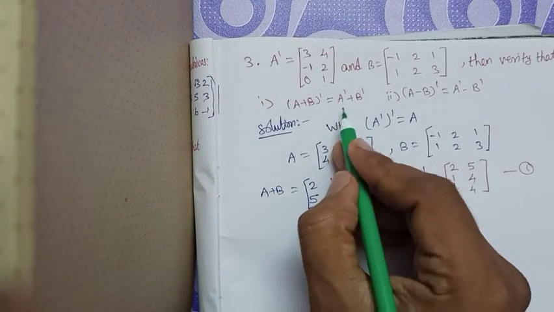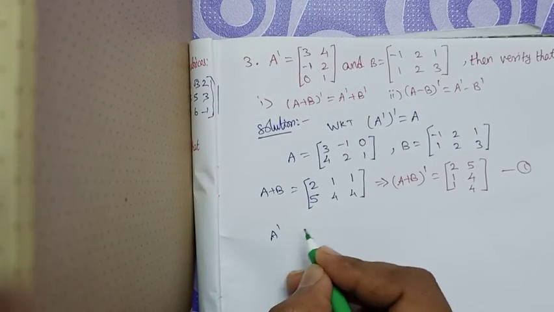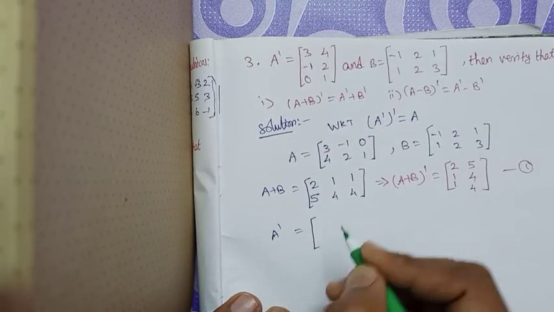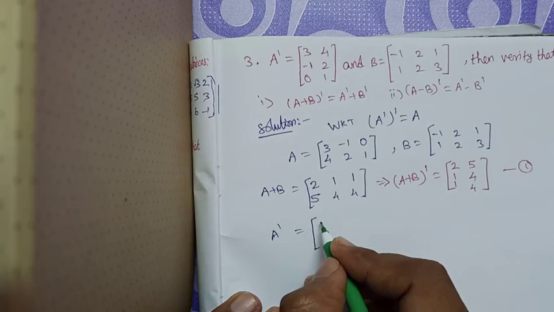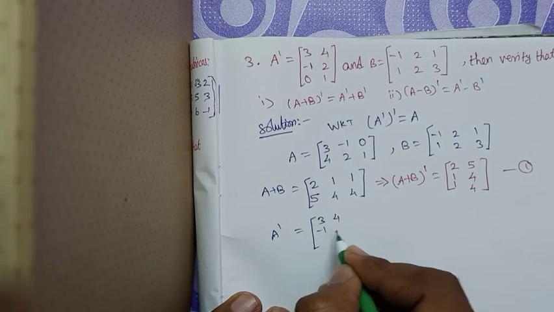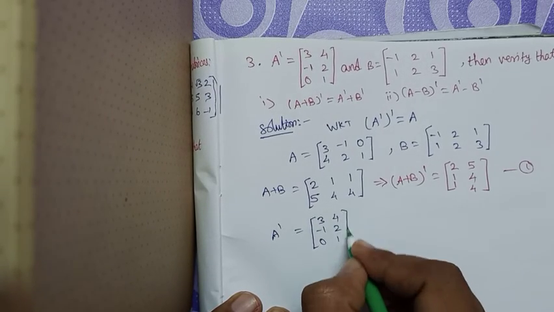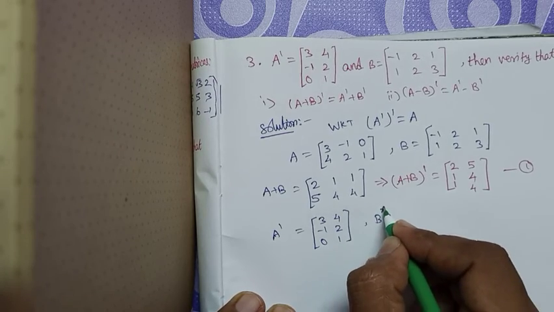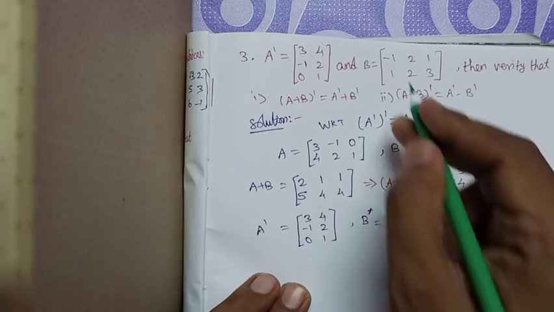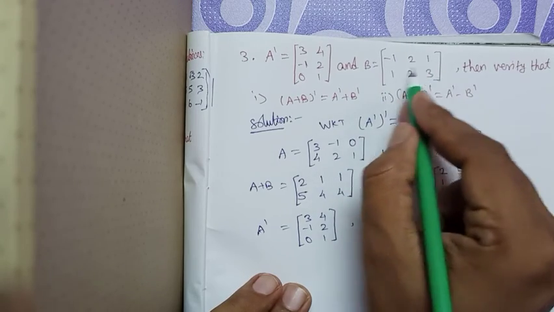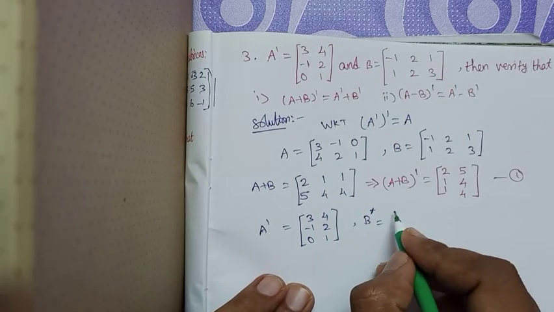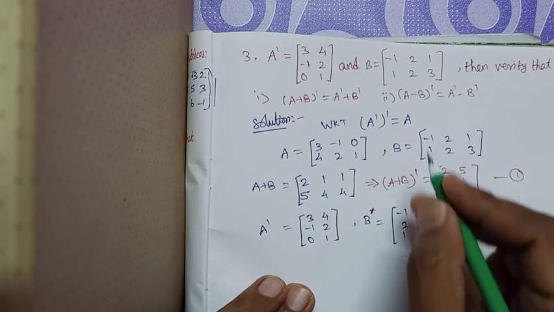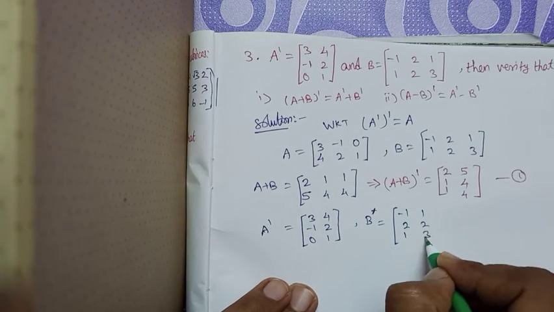And on the right hand side, A transpose plus B transpose. First find A transpose. A transpose is the given matrix 3 4 minus 1 2 0 1, and find B transpose by interchanging the first row into the first column. We get minus 1 2 1 1 2 3.